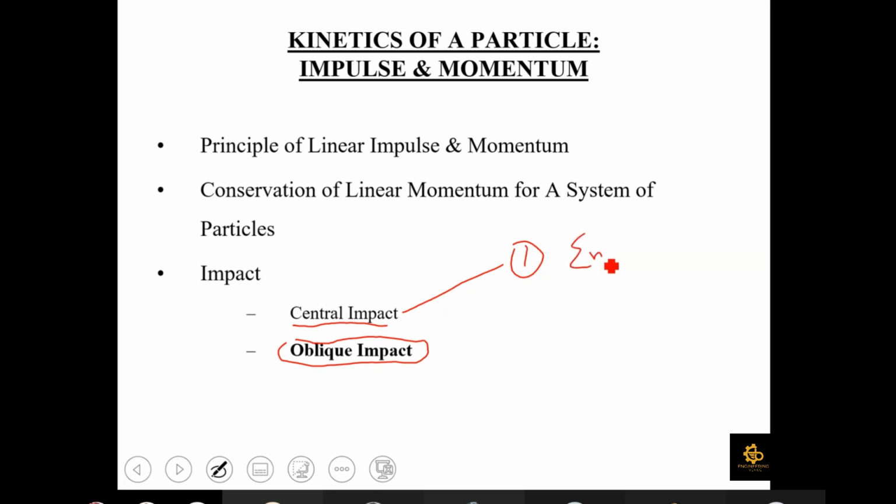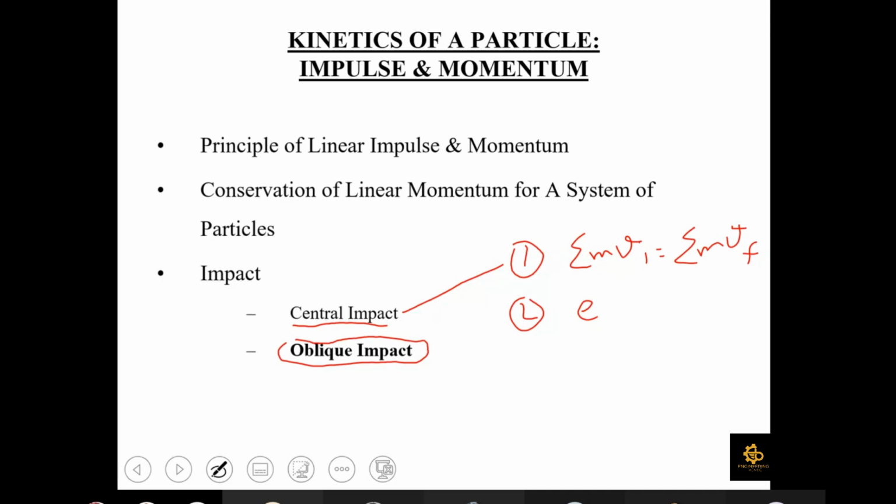So summation MVI should be equal to summation MVF. And in the second step, for any problem involving central impact, you are going to apply the coefficient of restitution equation. Now, these two equations would give you a relationship in terms of final velocities of the two particles, VA2 and VB2. So solving these two equations simultaneously will give you the value of those two unknown quantities.